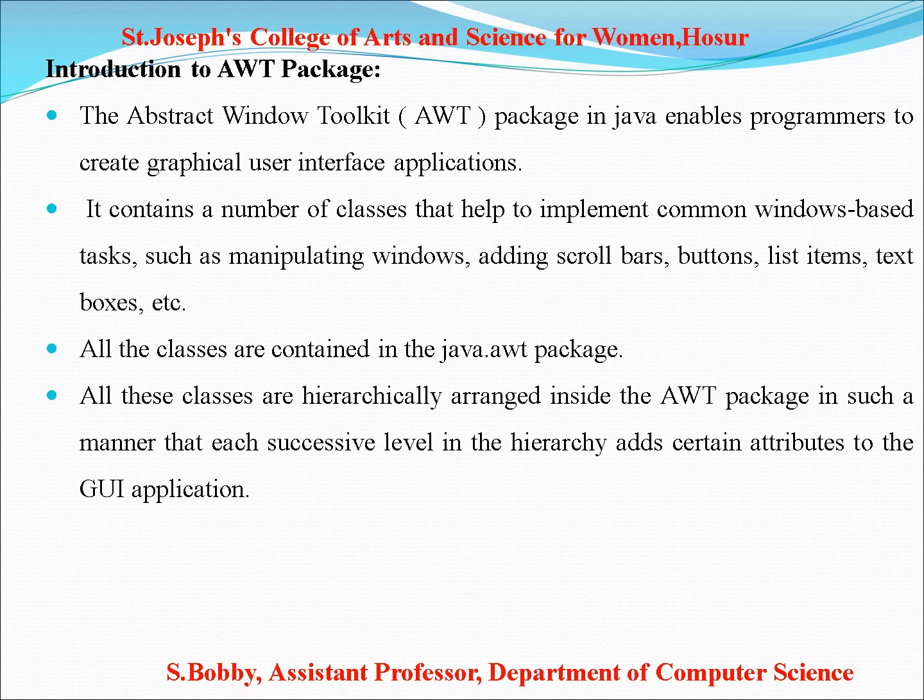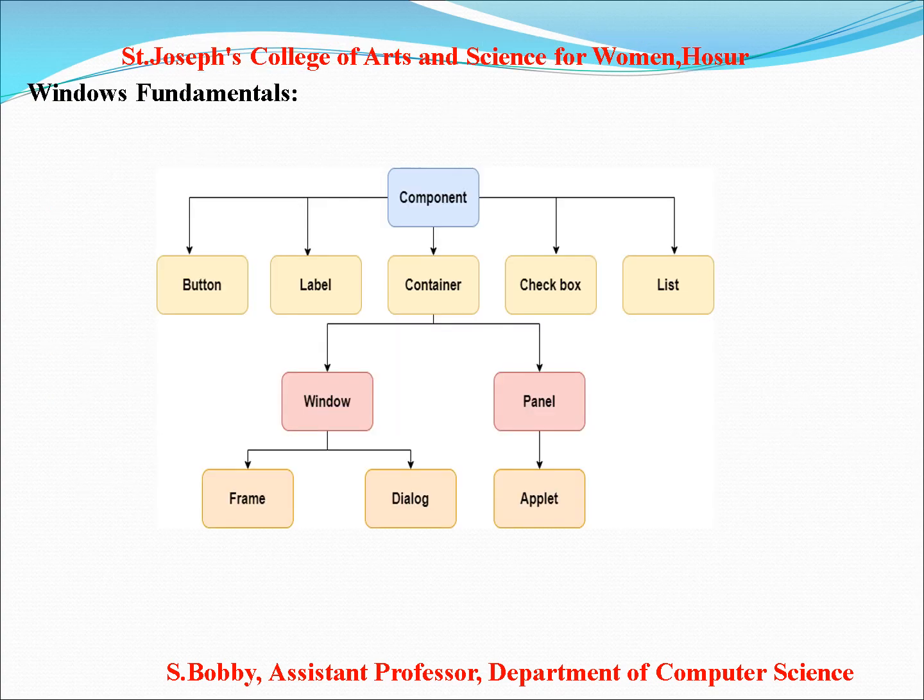java.awt package. All these classes are hierarchically arranged in the AWT package in such a manner that each successive level in the hierarchy adds certain attributes to the GUI application. This is the fundamental windows of AWT.